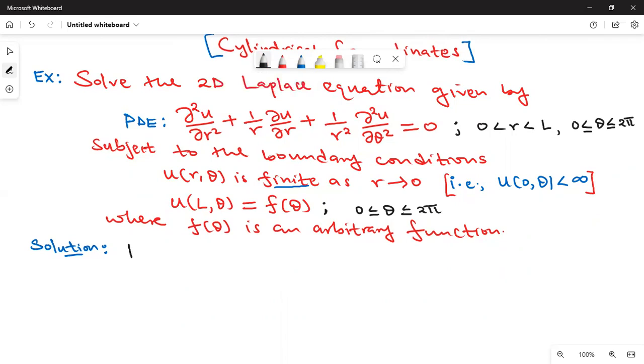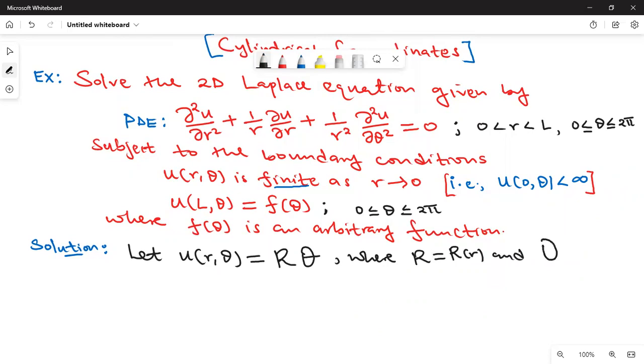So we are going to say let u of r, theta be equal to capital R times capital Theta, where the capital R is a function of the small r, and the capital Theta is a function of the small theta. So we are separating the variables.